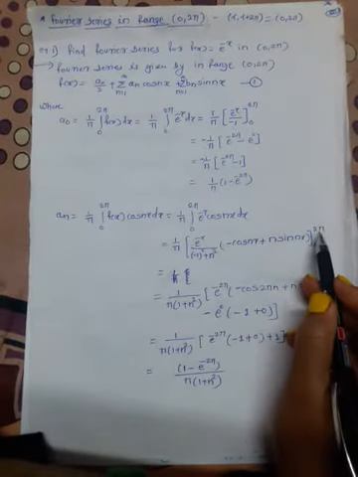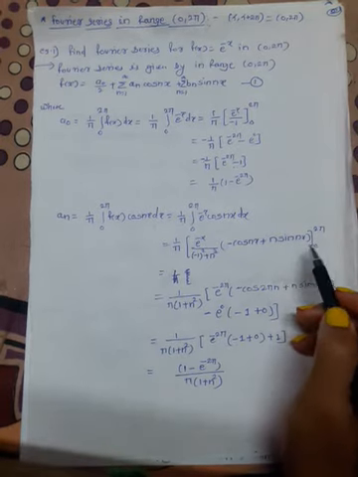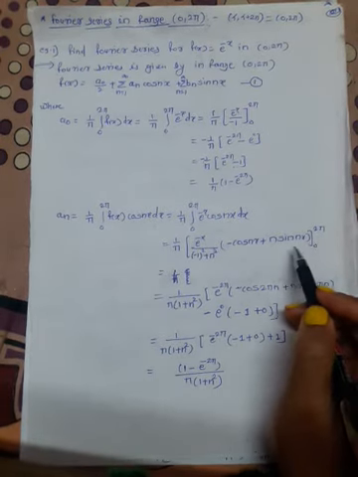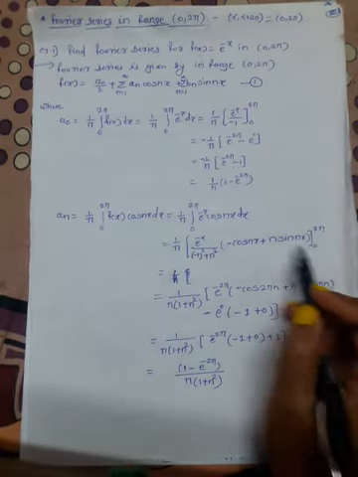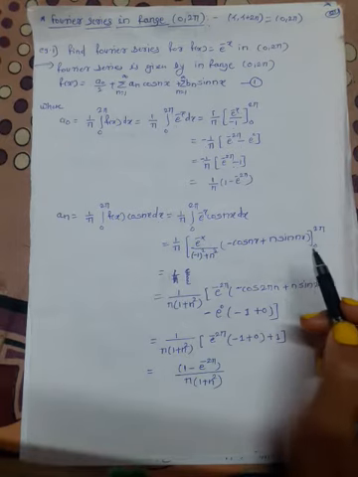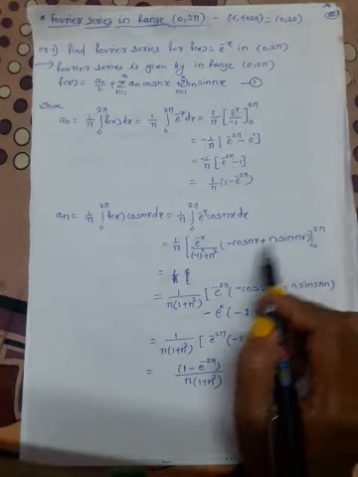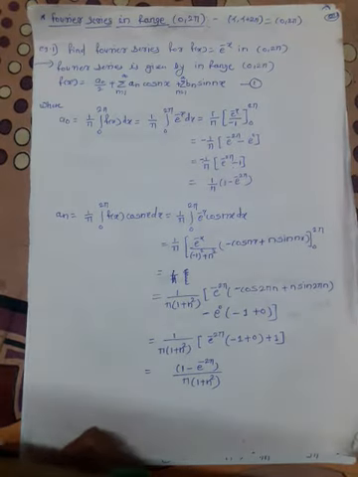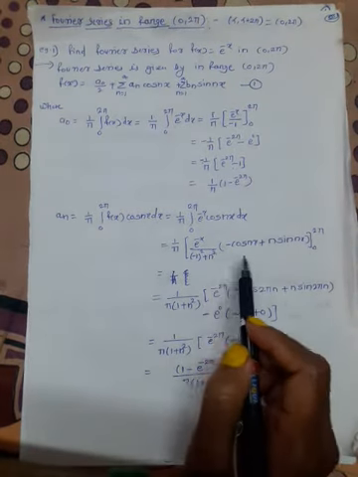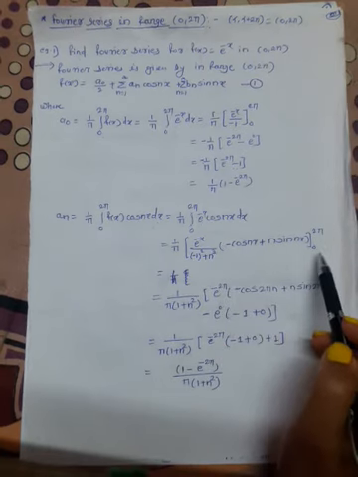Put the value of 2 pi, and we know sin 2 pi is 0, and cos 2n pi, instead of x replace 2 pi here. Just take this constant, 1 plus n square, outside, since we are putting the limits in x.